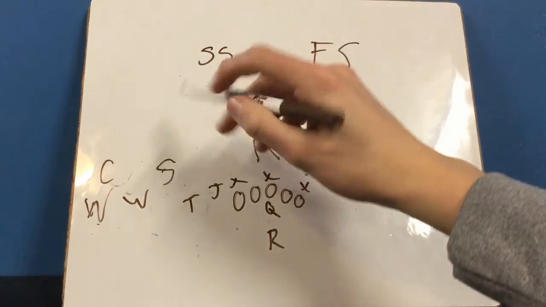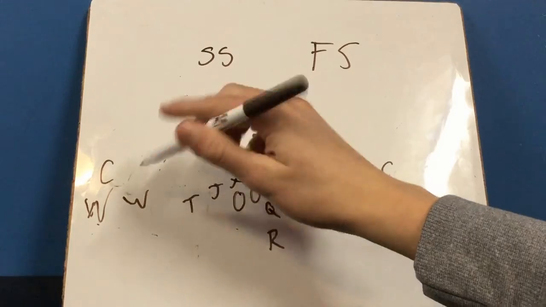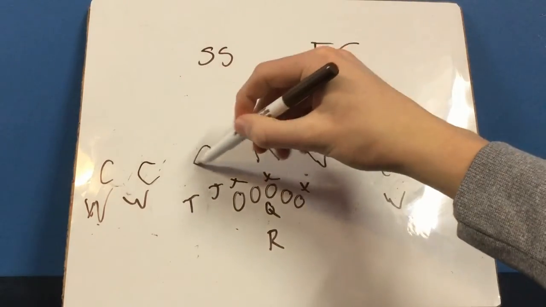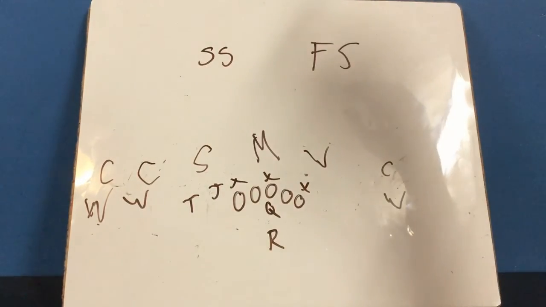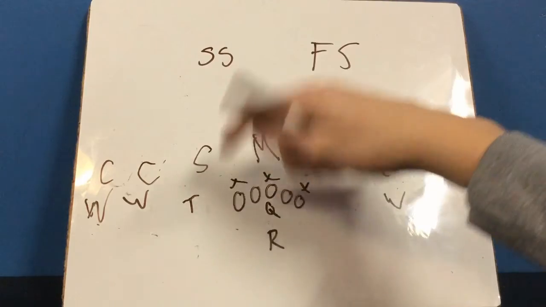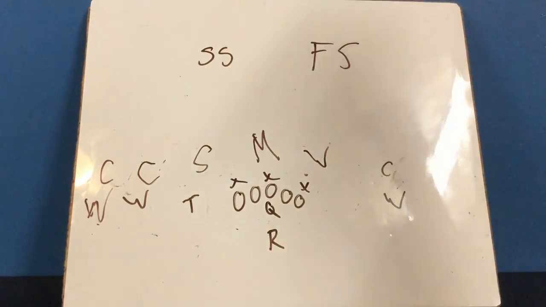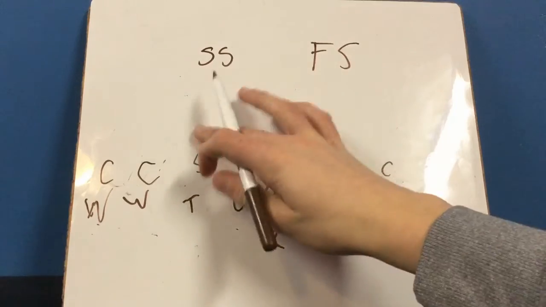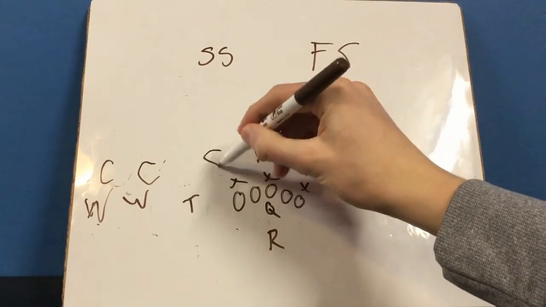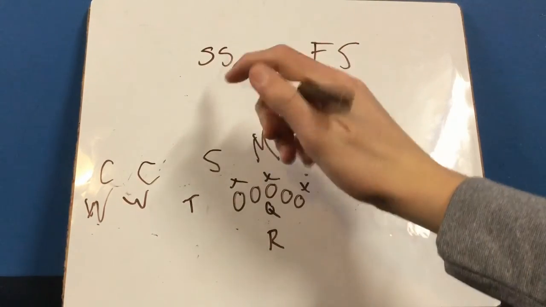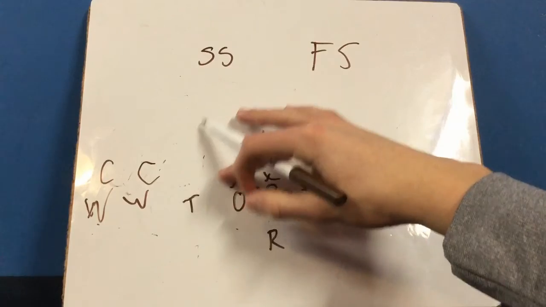With man coverage, if you get a look like I showed earlier, with the cornerback right here, and then you've got the Sam right there, and then we take out this Jack, that could be man. I don't think it is if I'm putting the Sam kind of in the box, but it could be.